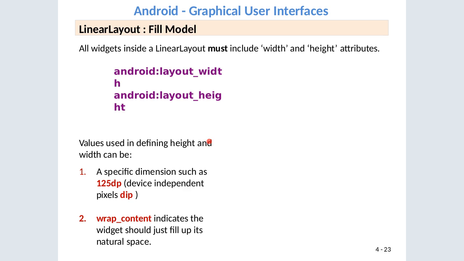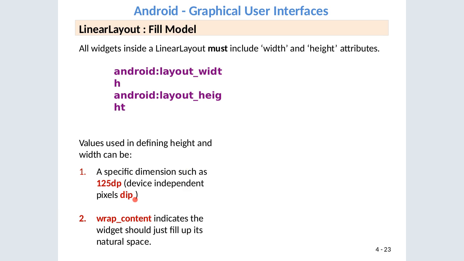So for the field model, all layouts or all widgets inside a linear layout must include the width and height attributes. In this case, you can see we are specifying android:layout_width as fill_parent, and you also have layout_height. Then you can always specify the values in terms of DP, that is device independent pixels.